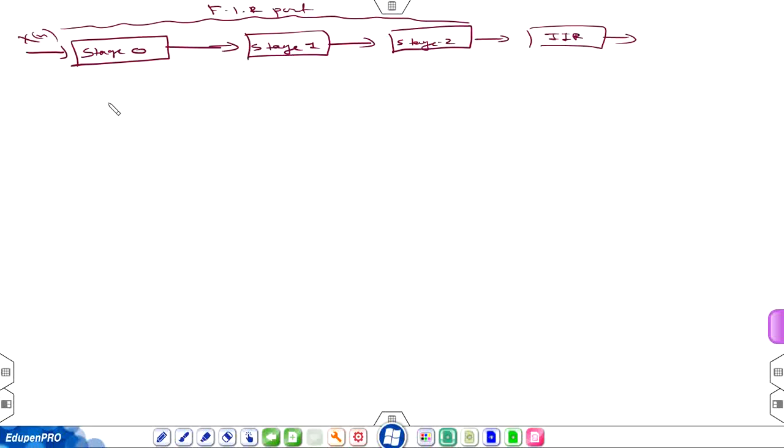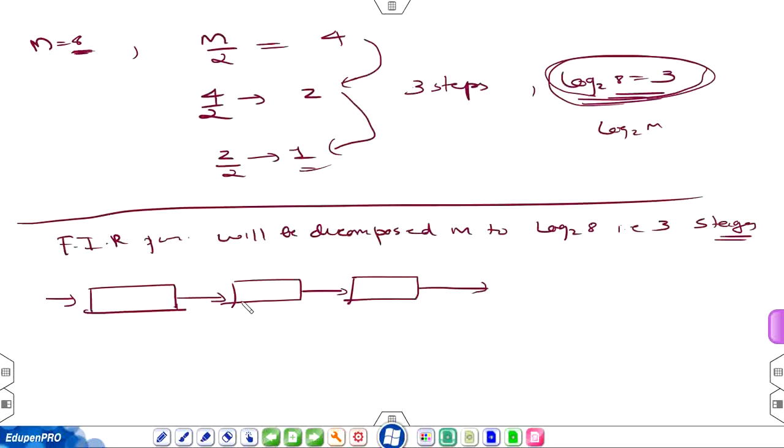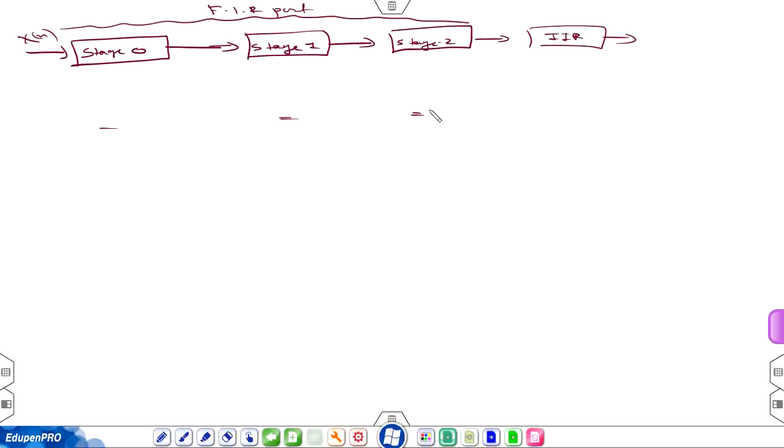Okay, so for this and this, we started decomposing 8. So 8 by 2 is 4, 4 by 2 is 2, 2 by 2 is 1. So 8 by 2 was 4, this is m by 2.